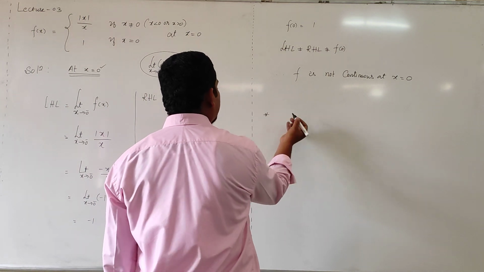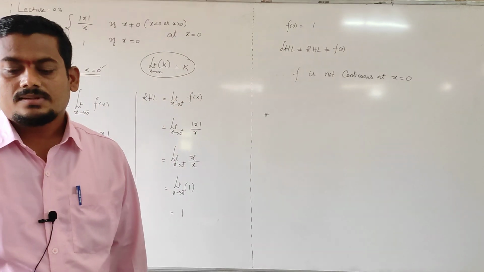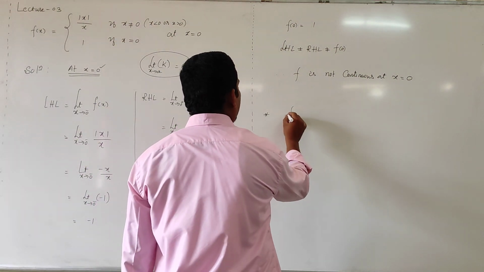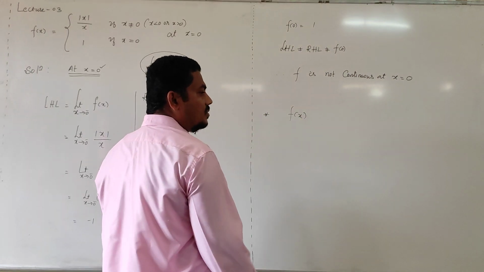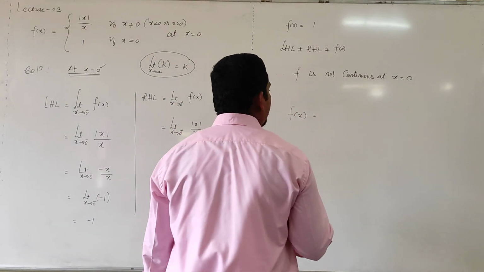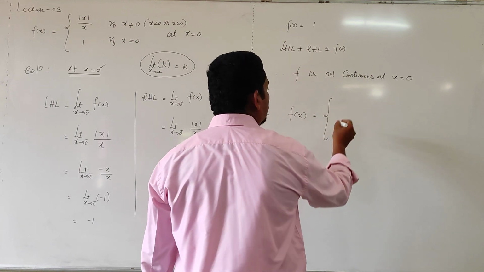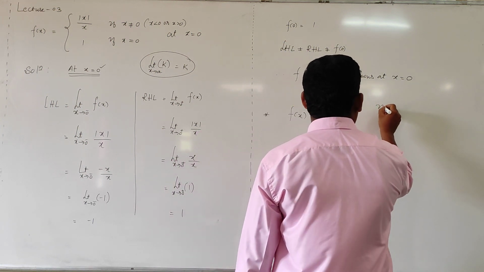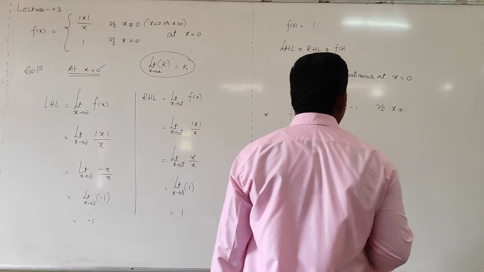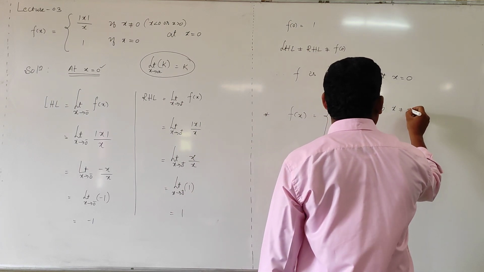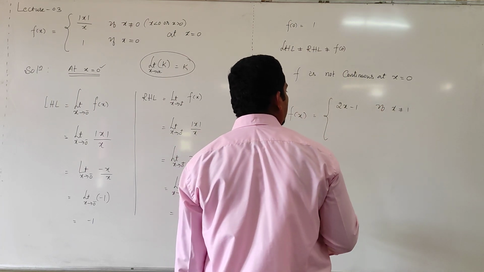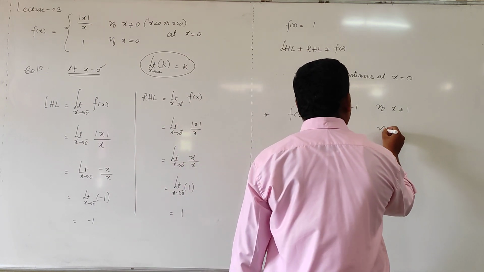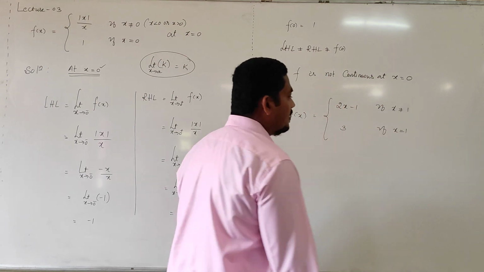Next problem, check the continuity of the function. F of x equal to 2x minus 1 if x is not equal to 1, and 3 if x equal to 1.